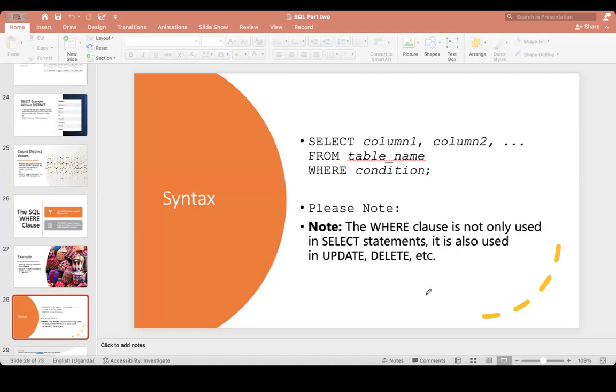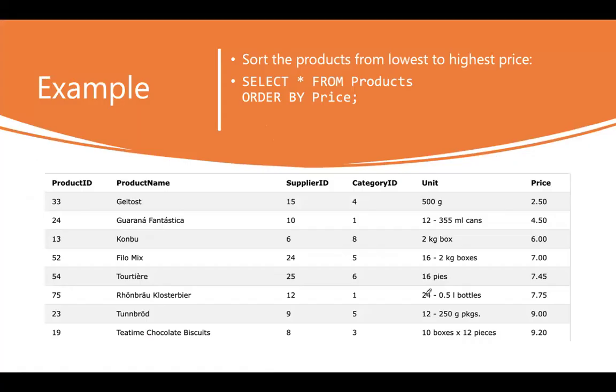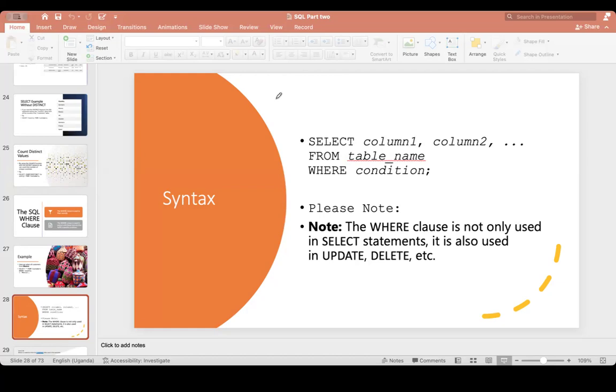So to sort the products from lowest to highest price: select all from products, order by price. Now, the moment you don't specify whether you need ascending or descending, and you just say order by, it will take the default, and the default is the ascending.